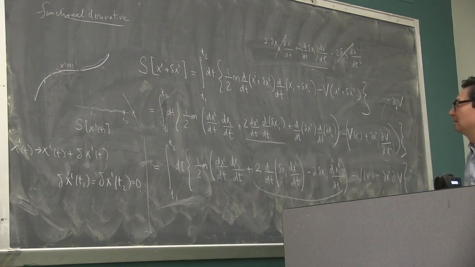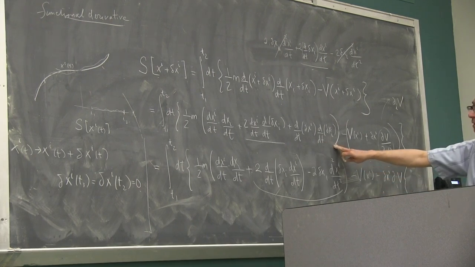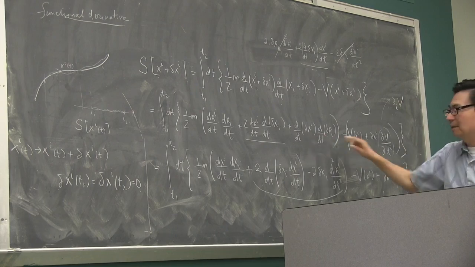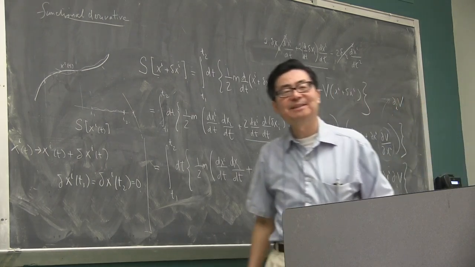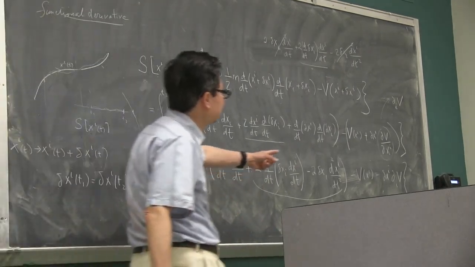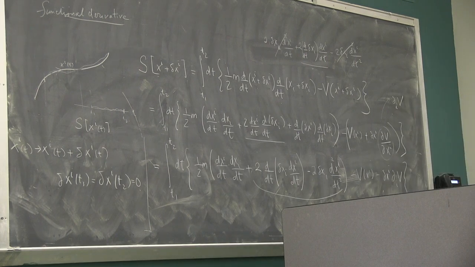Okay? But wait a minute, we have this other one also, which I haven't written down. But you see, I don't want to have to write this down because this is second order in delta x. We're only writing things down to first order in delta x, as we do everywhere. In this Taylor expansion, I only keep things up to first order in delta x. So you have to be consistent, keeping things to the same order, which is all we are interested in.